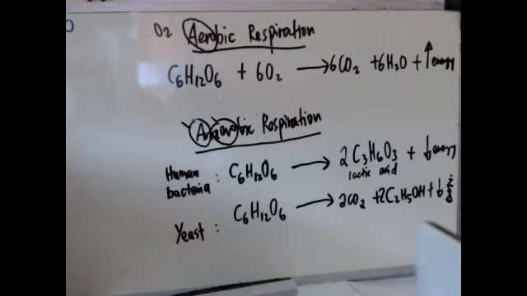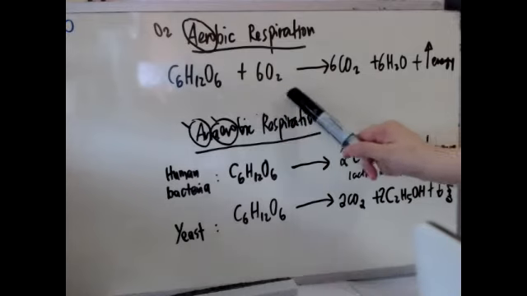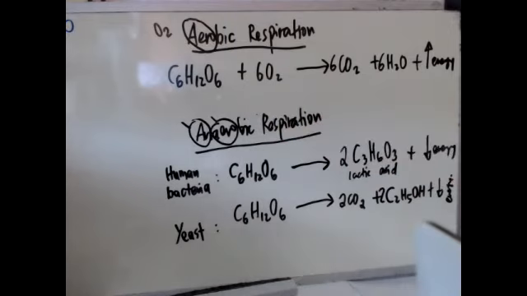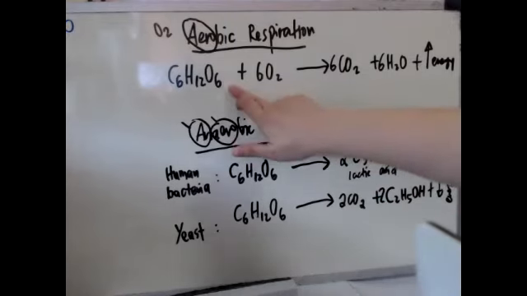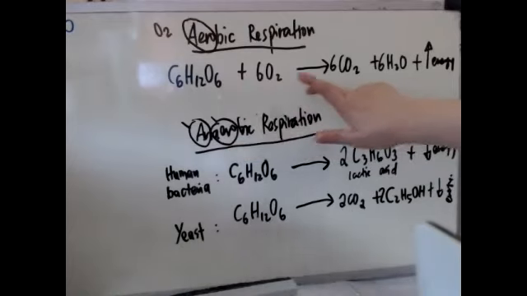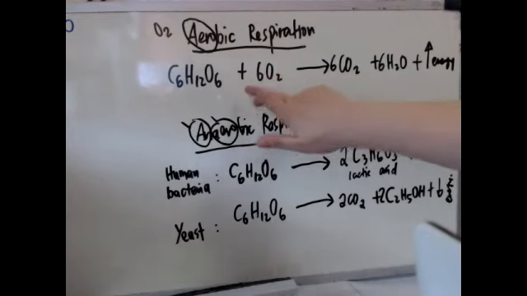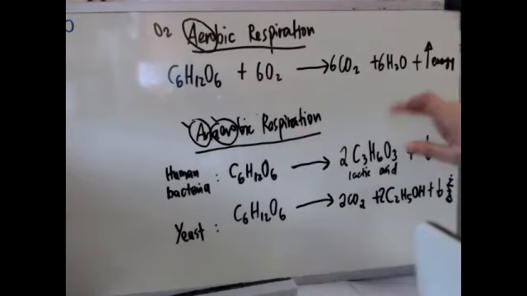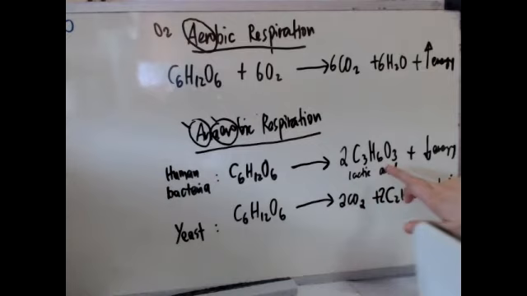Okay, so actually you can see that from here, in aerobic respiration, this glucose is completely oxidized. That means respiration is complete. Anaerobic respiration is just like halfway of it. It's not fully complete yet.